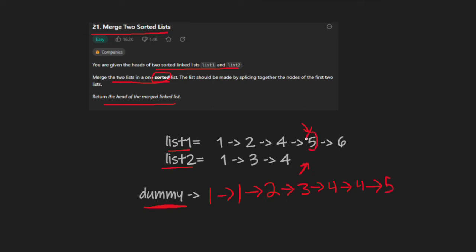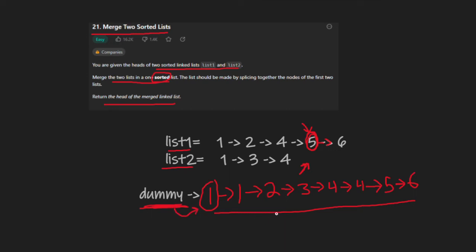This node already has the next value of 6, so we won't have to do anything past that. We'll add the 5, and since 5 already has next assigned to it, the merged linked list will look like this. Now that we've finished, we return the head of our new merged list, which is right here. This is why we have this dummy node, because then we'll just return dummy.next.